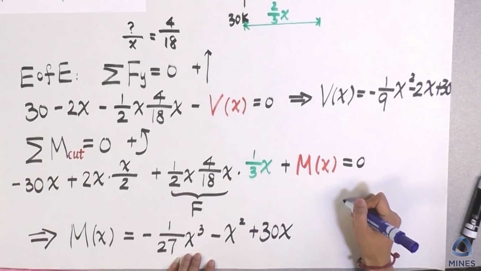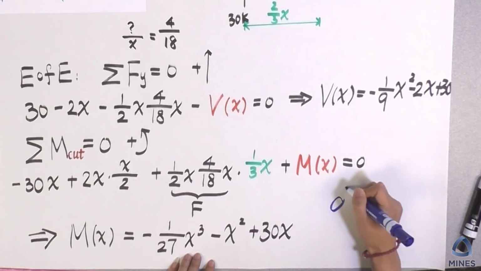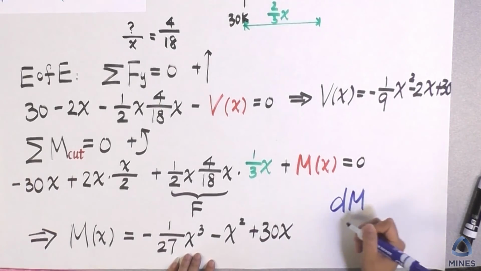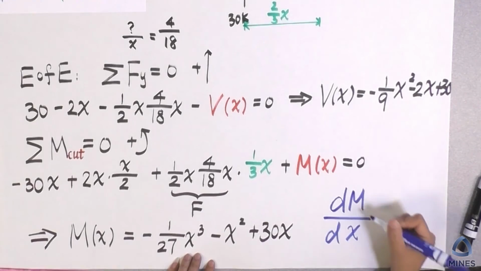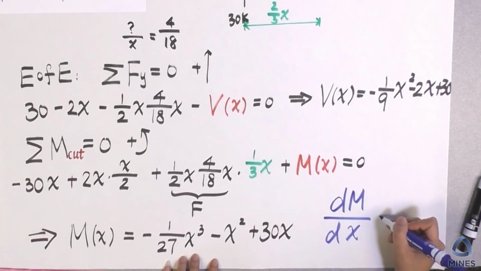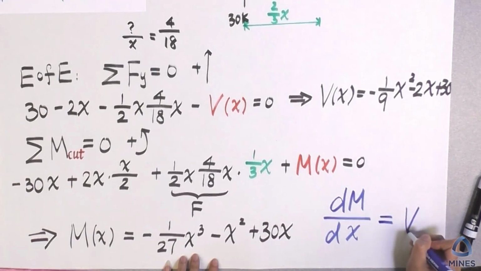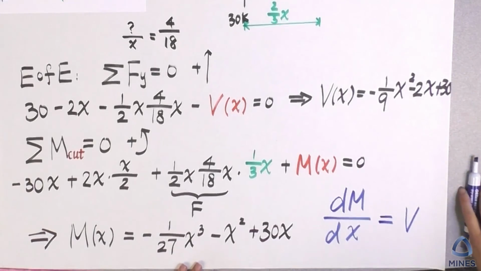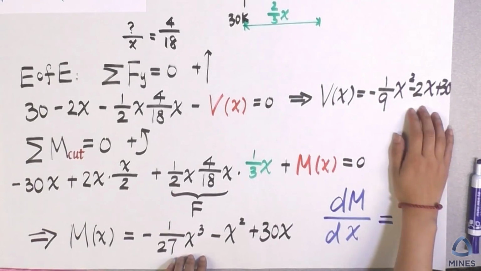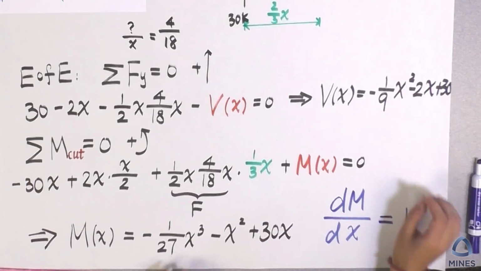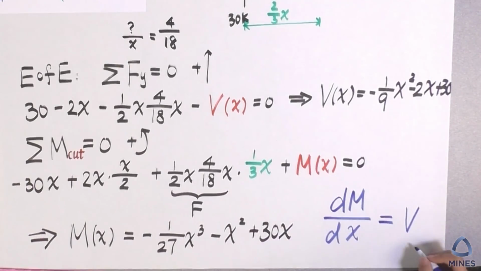Always remember the relationship between moment and shear: if you take the first derivative of the moment function, you should get the shear function. So take the first derivative of your moment function to see if you get the same shear function. If everything looks good, then you are okay and can move on.